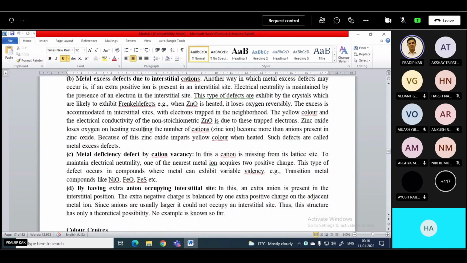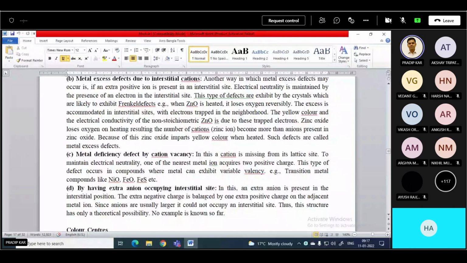Similarly, anion excess or metal deficiency may be created in two ways: metal deficiency by cation vacancy, if a cation is missing, or by having an extra anion occupied in an interstitial site.